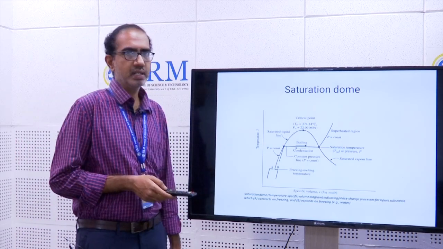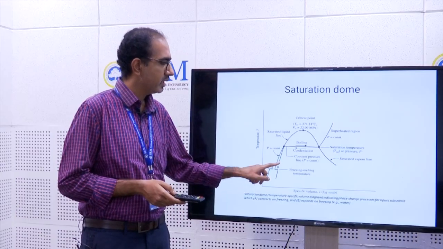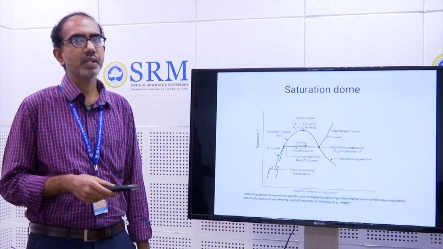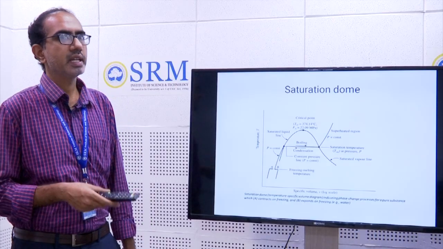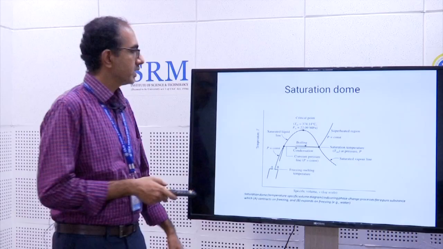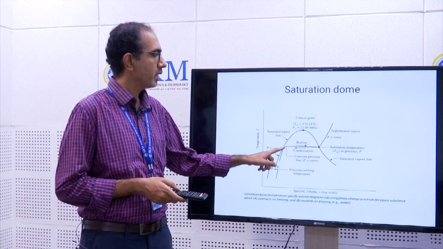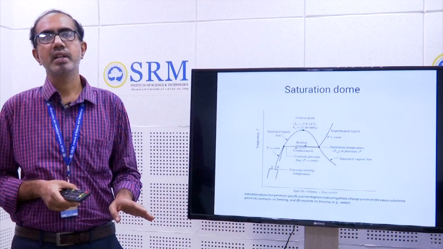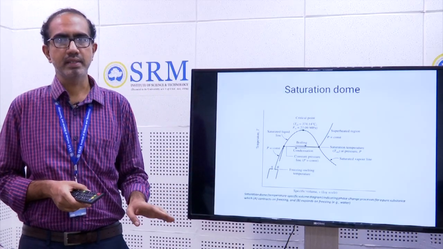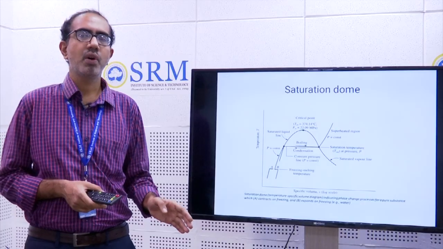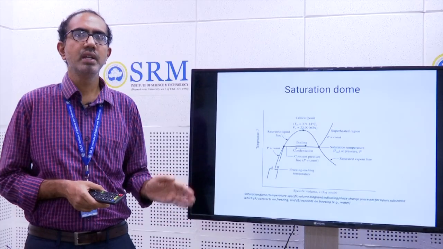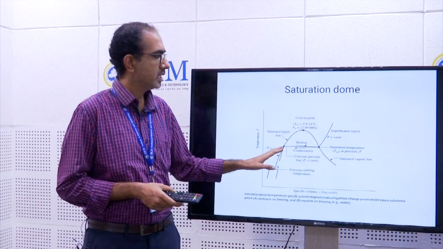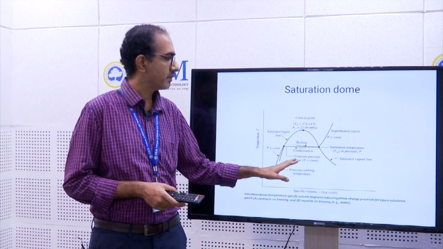Let us take an example here. This point is in a subcooled liquid condition. When we add heat, the temperature increases, so it reaches a point here, which is a saturated liquid. In this phenomenon only the phase change occurs. Let us take the case of boiling: the phase will change from liquid, and here there will be a two-phase liquid plus vapor.